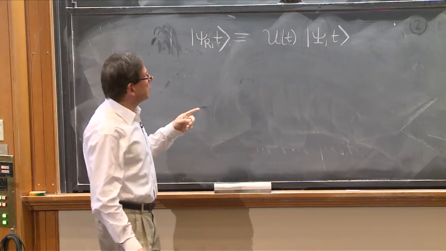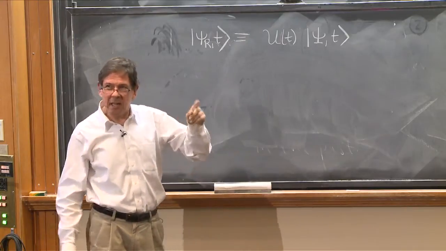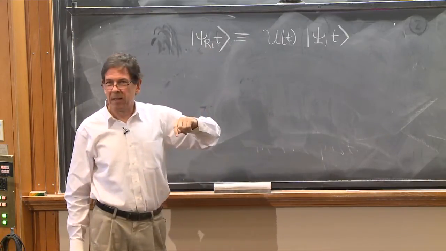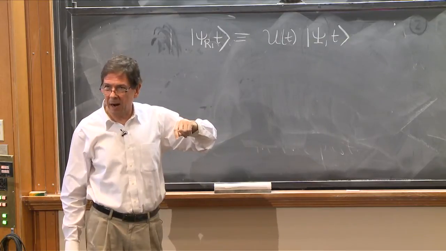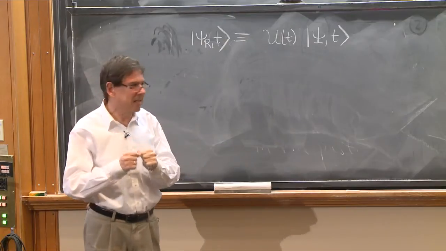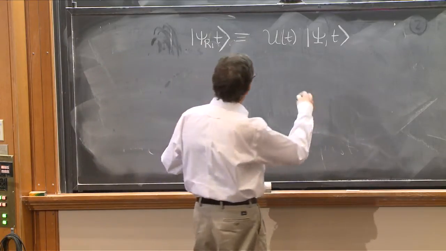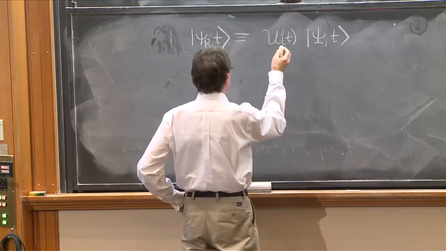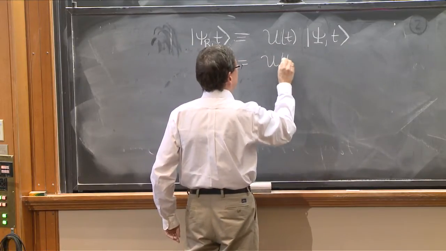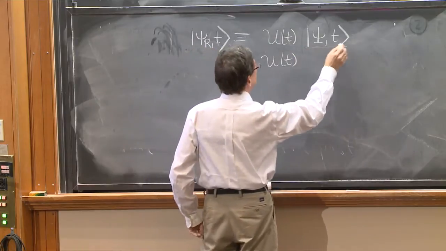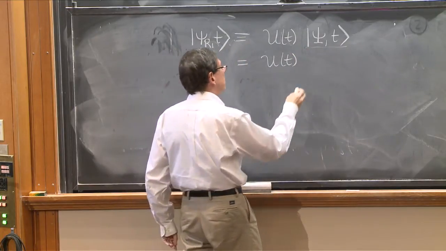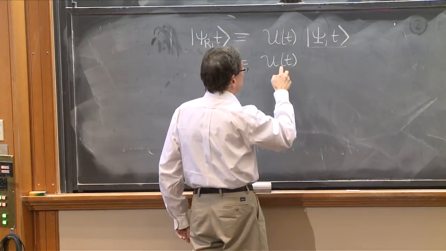So actually, last time I did the computation and found the Schrödinger Hamiltonian for this psi r. I want to do it in a slightly different way. I think it's a little easier, perhaps, or maybe less familiar, but more interesting. I write it like that, U of t, and I say, look, this state evolves due to its own Hamiltonian. U of t is an extra thing I've put here.